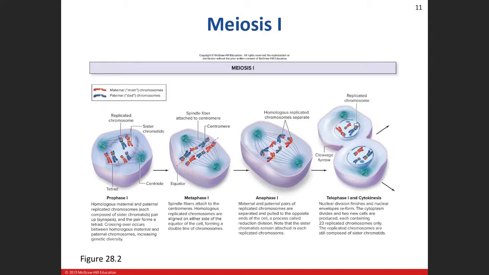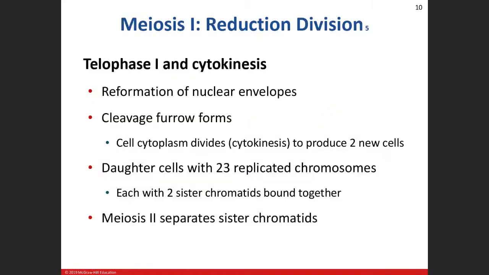So that's what we're seeing here in the anaphase. We're starting to pull those back. So you've got 46 on this side, 46 on this side. And then finally, telophase, is when the cells are almost fully pulled apart from one another. And so now we're going to package up our chromosomes back into their nuclear envelopes.